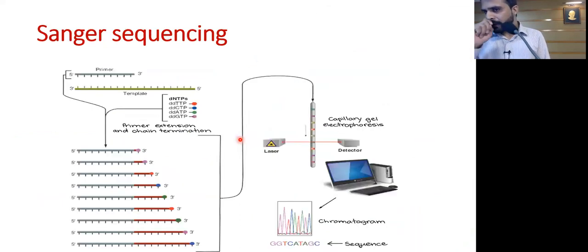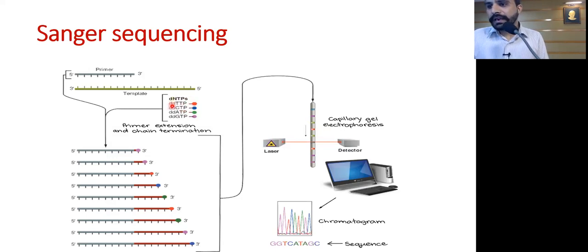What we do is take a vial and incorporate primers, polymerase, all the dNTPs, and we also incorporate ddNTPs. Some are normal deoxynucleotides, and some are dideoxynucleotides.